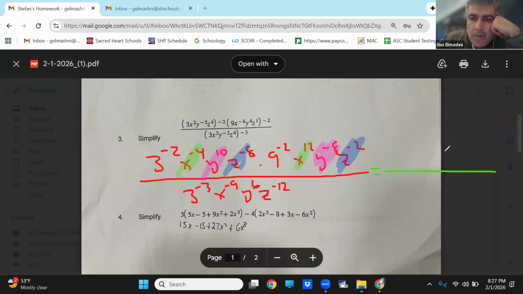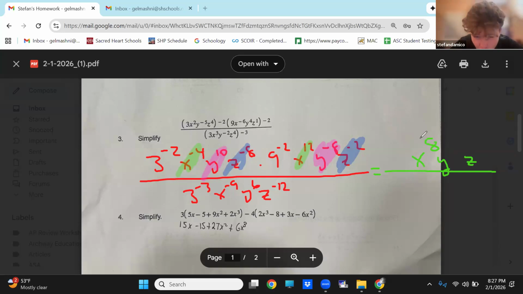Okay. So go ahead and clean those up. You have X is some power, Y is some power, and Z is some power. All right. So what will the X be? Well, it'll be 12. Well, no, actually 8. Good. Keep going.